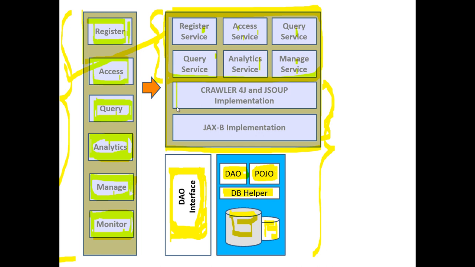And most importantly, we will be having our crawler, Forge, and JSoup implementation. These are the core APIs we are going to use for building our crawler. The next thing is we will be having a JAXB implementation. JAXB, you people are remembering, is Java and XML binding. Why we are using JAXB is because we are going to collect the blog report.